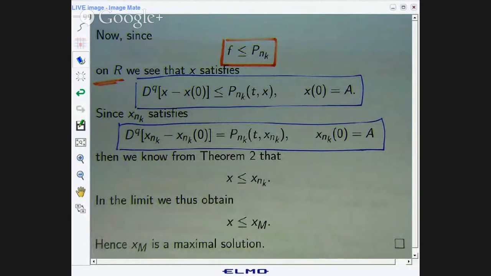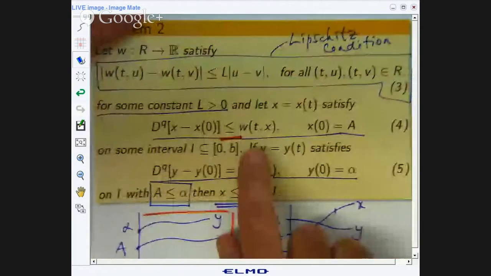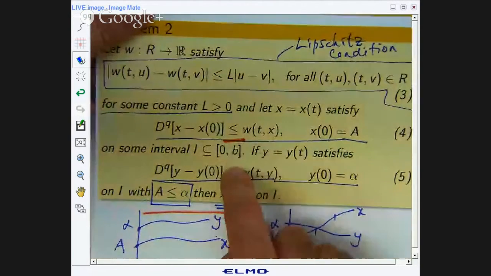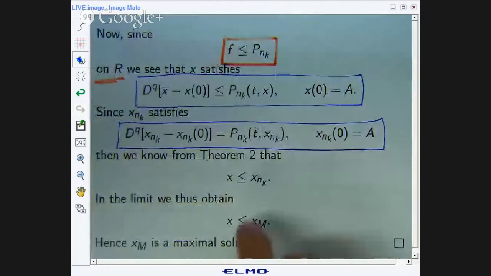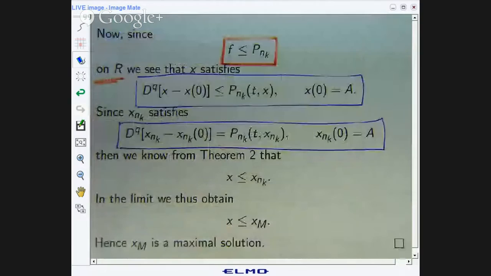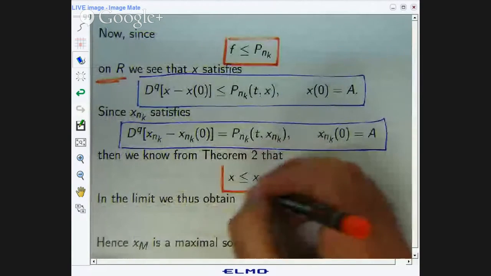Okay, you'll see in this case we've got one with an inequality and one with an equality, right? So basically this is just mimicking 4 and 5 over here. And we know from the conclusion of theorem 2 that this has to happen.